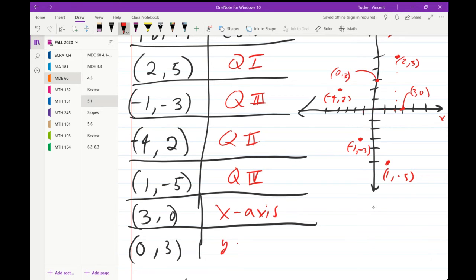And that puts me on the y-axis. Any questions before we go any further?